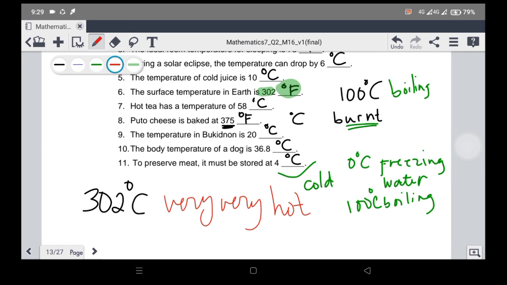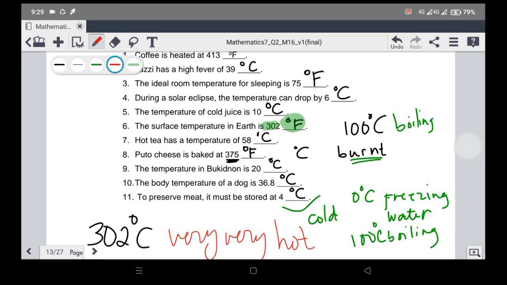To be safe, if it is a really big number, you choose degree Fahrenheit. If it is a smaller number, you can choose degree Celsius.